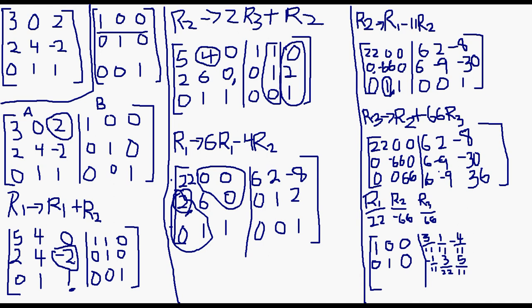And then the last one, we are dividing through by 66. So here we get 0, here we get 0, and here we get 1. And then we have 1 over 11 here.